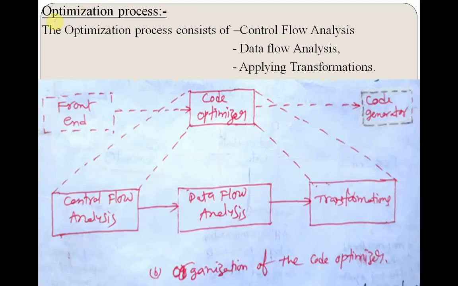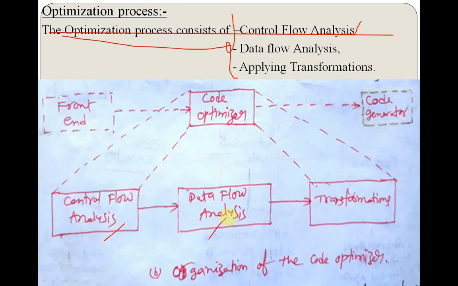And what is the basic optimization process? What is the broad view of that? The optimization process consists of this sequence of steps. Analyze the control flow of the program. So perform the control flow analysis and then perform the data flow analysis.